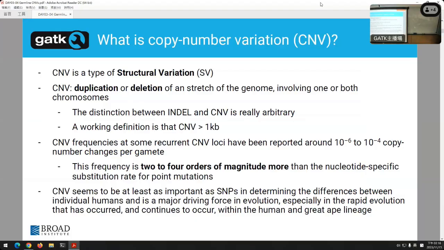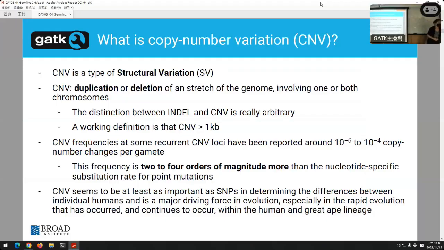De novo copy number variants are pretty infrequent. We expect far less than 1 de novo CNV per individual, but they're a little bit more common at some particular regions of the genome that are recurrent CNV loci. We'll talk a little bit more about that on the very next slide.